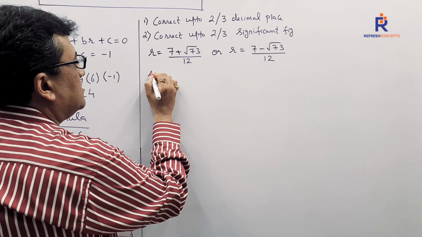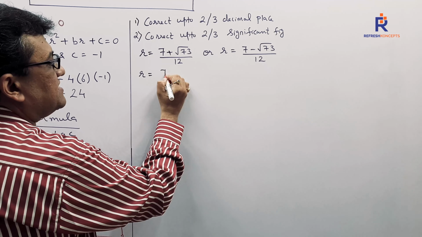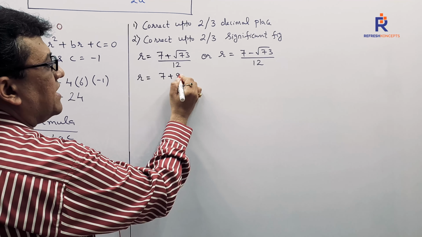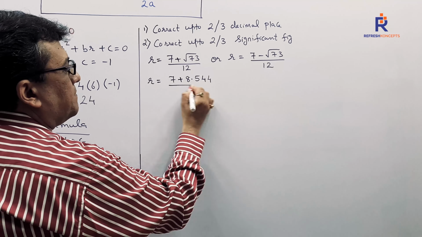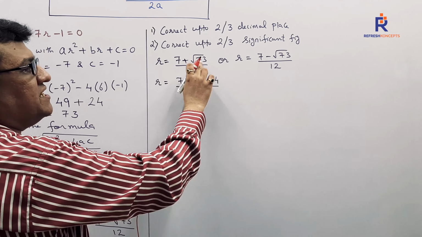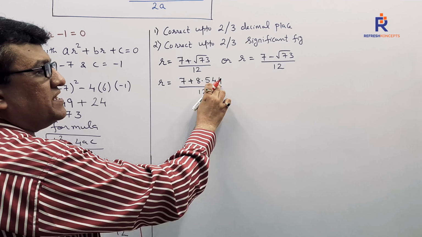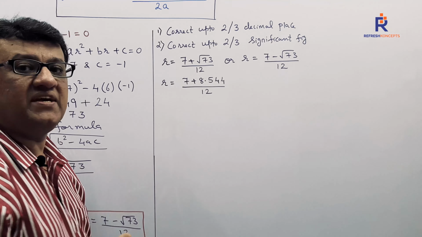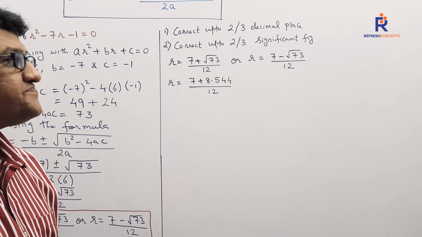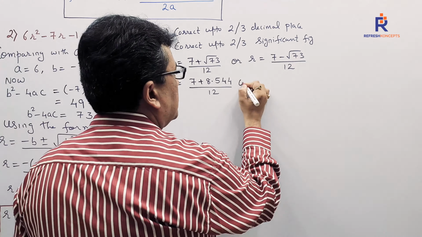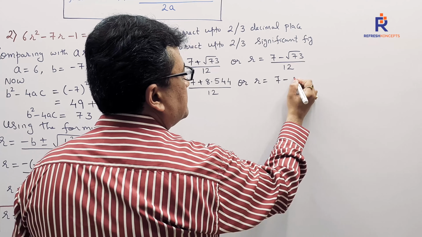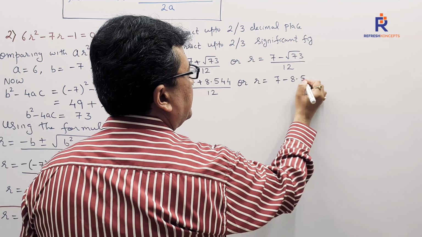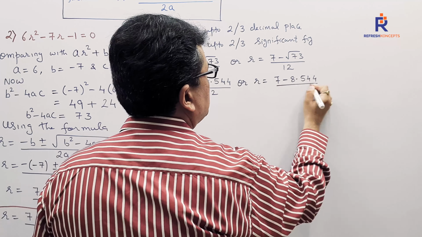So r is equal to 7 plus 8.544 by 12. I repeat, 8.544 is the value of root 73 taken from the square root table. Likewise, r is equal to 7 minus 8.544 by 12.